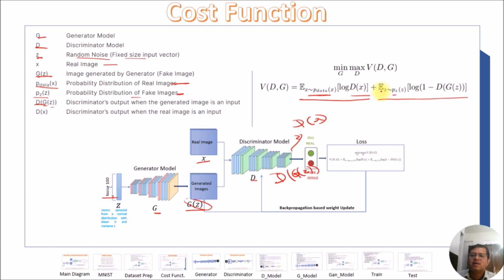In generalized form, the purpose of this loss function is to minimize the loss of the generator and maximize the loss of the discriminator.